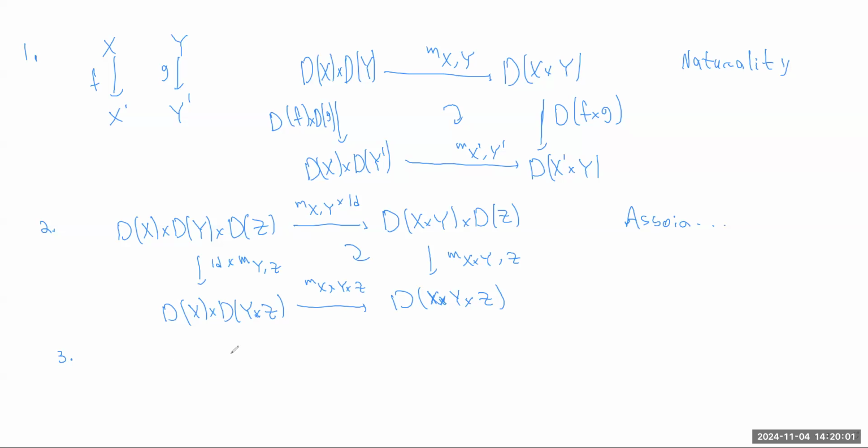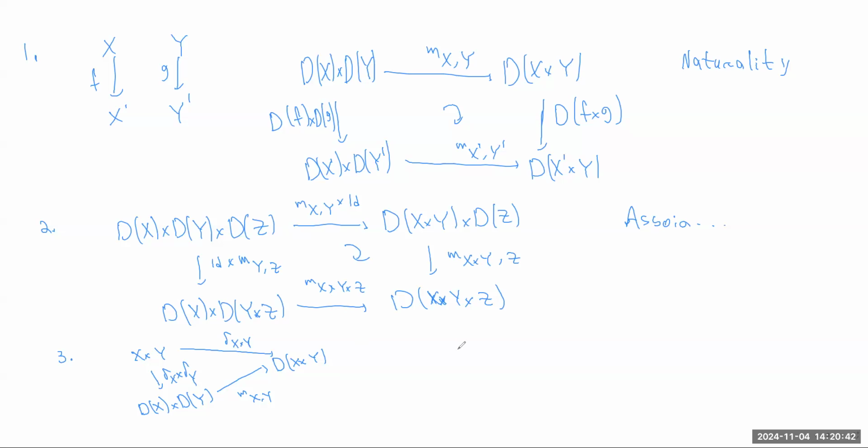So the third property, maybe I can write it together: if we have X, Y, we can go to DX, DY by applying this unit, and then do the multiplication. But this will be the same as taking delta X, Y. So this is a generalization in some sense. This is a generalization of the Cartesian product.